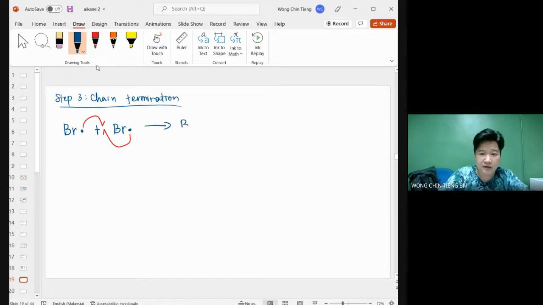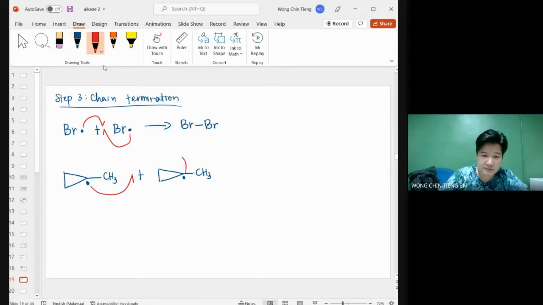You got your Br2 form, sorry. Yang ni yang saya nak tunjuk. CH3, free radical, react with another cyclopropane CH3, free radical. So, datang daripada ni, datang daripada ni. Alright, datang daripada titik lah. Dua-dua datang daripada titik.